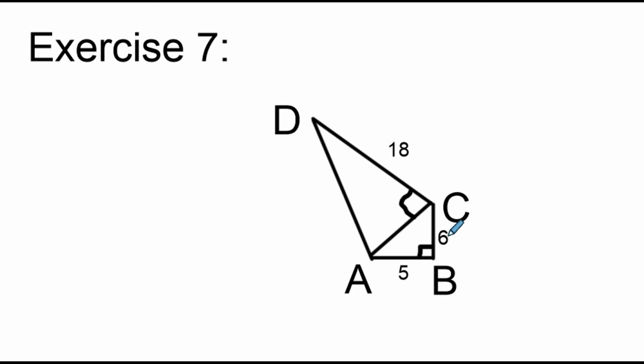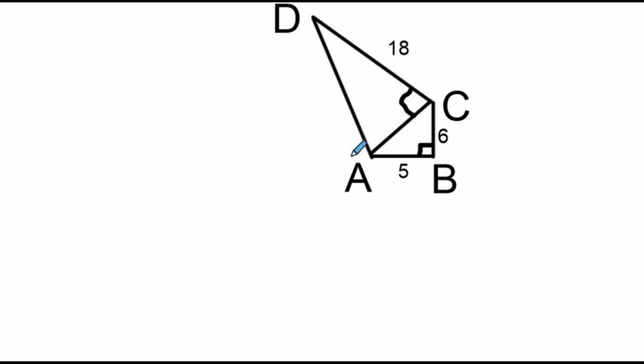BC is giving us what? 6. Side CD is giving us what? 18. We are asked to find what? The perimeter of ABCD. We are asked to find the perimeter of this parallelogram and the area of the parallelogram.